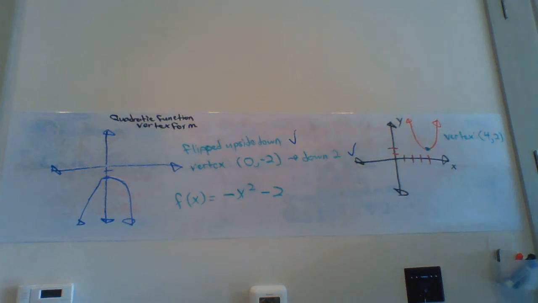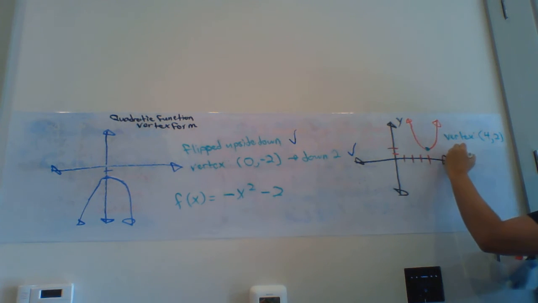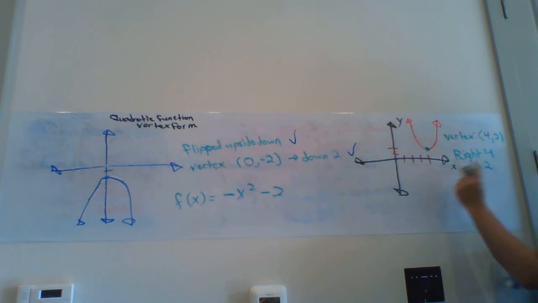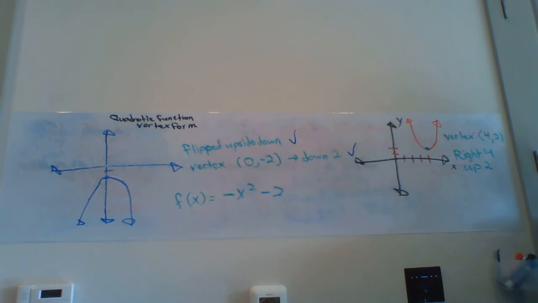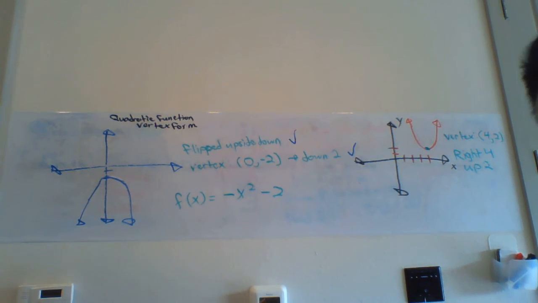What that means is I moved to the right 4, but I also moved up 2, right? That's really what this vertex is saying. I moved the entire shape right 4 and up 2.